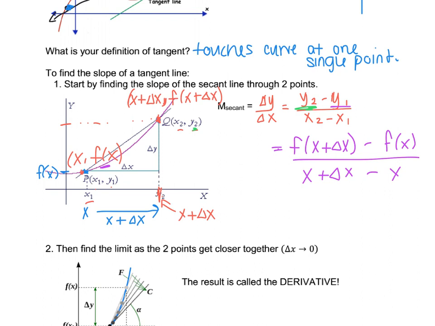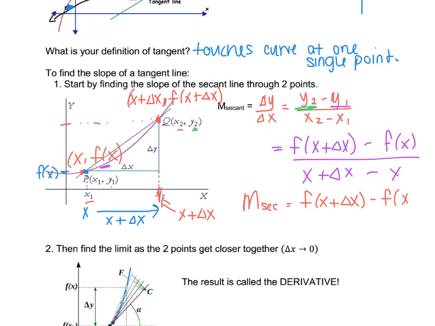And what we can do now is simplify that just a little bit, because you'll notice in the denominator we have x and negative x. So the final formula for the slope of that secant line, I'm just going to put secant right here, is f of x plus delta x minus f of x.